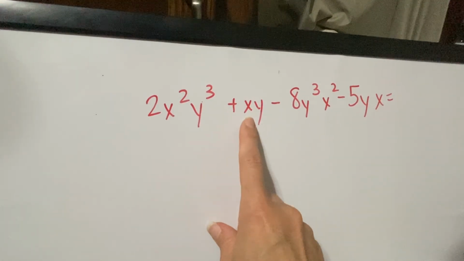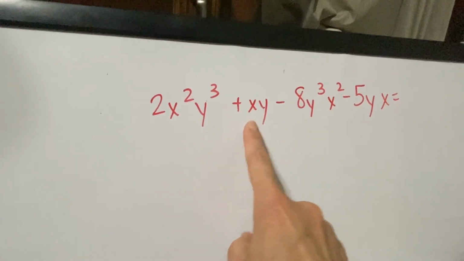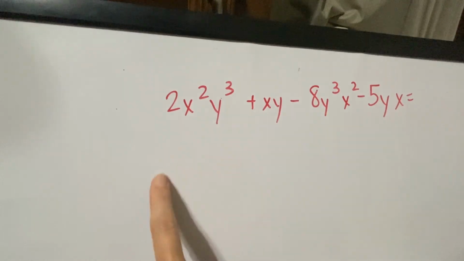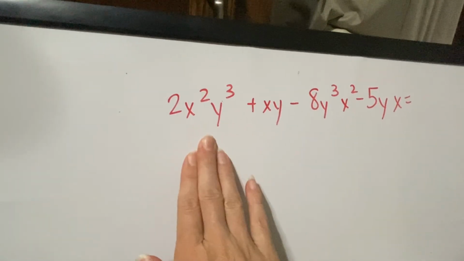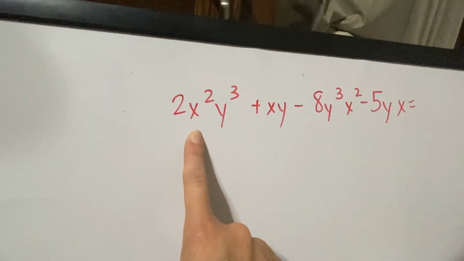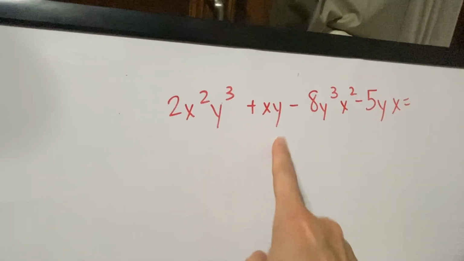So for example, this has an xy and this has an xy, but this is an x1, y1, this is an x2, y3, okay? They are different. They are not the same term. Even though they both have xy, they can't be called the same thing because this one actually has 2 x's and 3 y's. This one only has 1 of each.